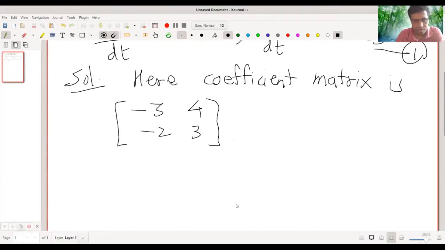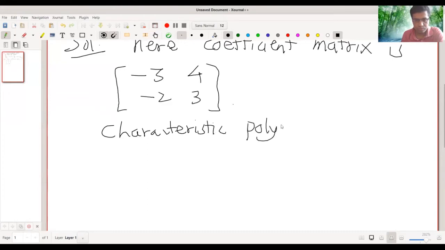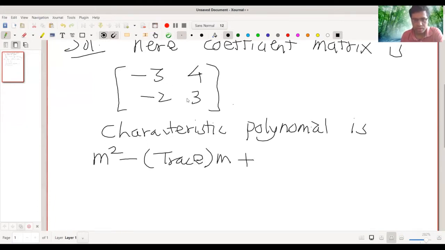Now we find the characteristic polynomial. In the variable m, it is m square minus the sum of diagonal entries, that is the trace of the matrix, times m, plus the determinant, equal to 0.